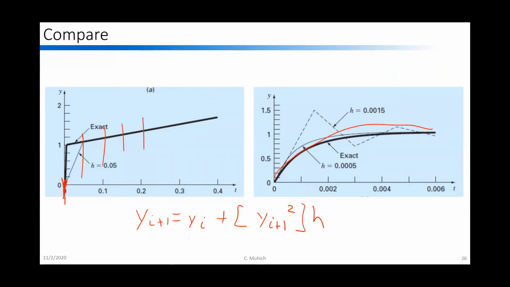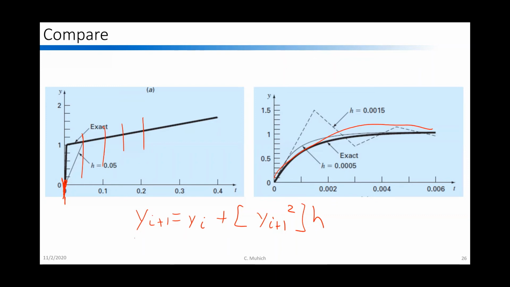In that case, we would have to solve this iteratively. We could use any of those nonlinear equation solvers to get the answer we're interested in, so going all the way back to root finding methods.